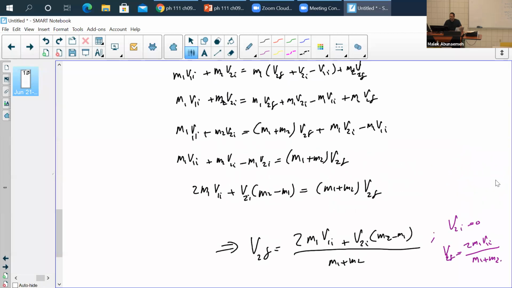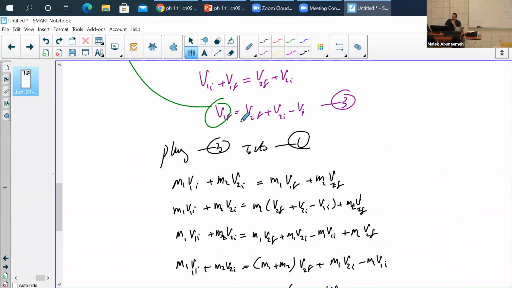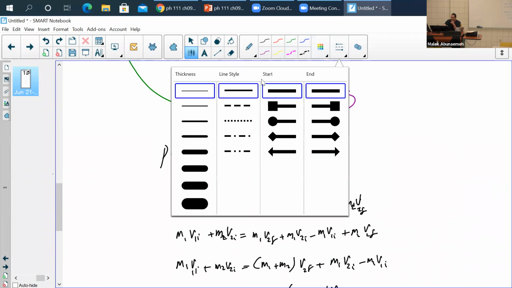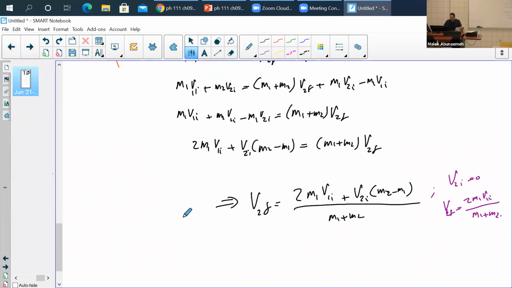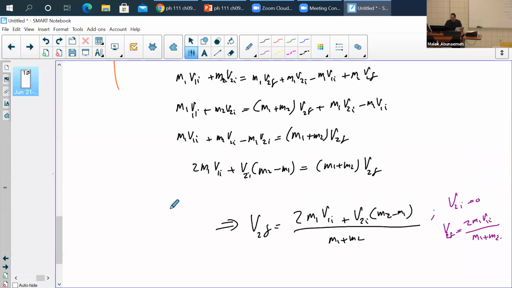Well, that's interesting. Well, we had V1 final equals V2 final plus V2 initial minus V1 initial. Well, we can actually go ahead, and we get this V2 final, and we can go ahead and substitute it right over here.